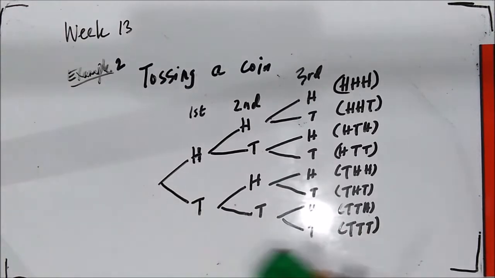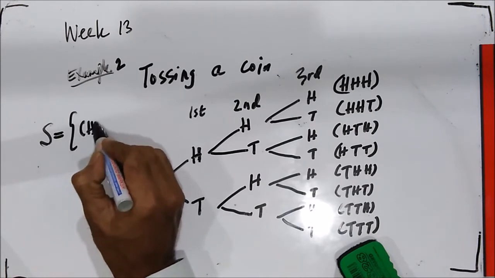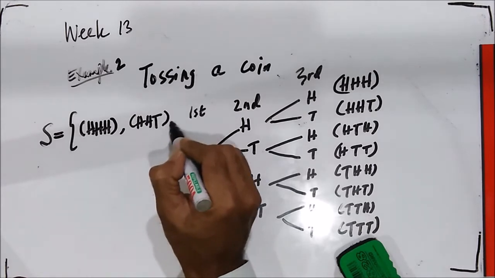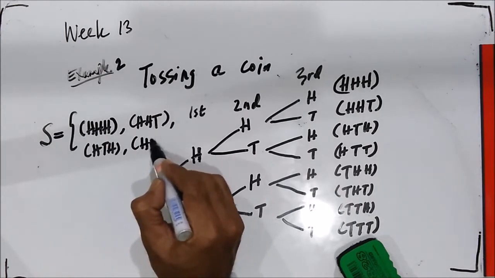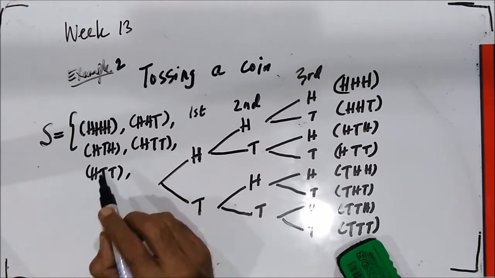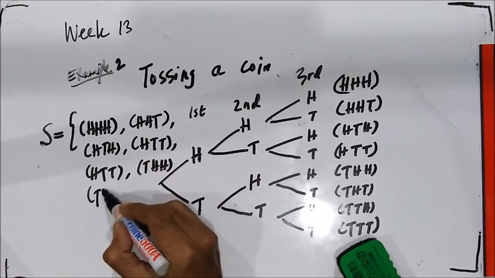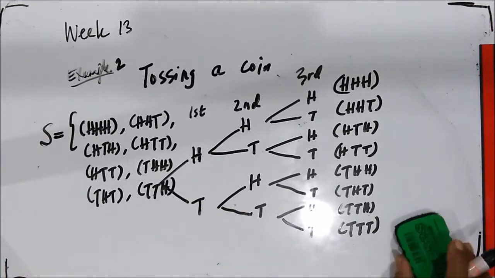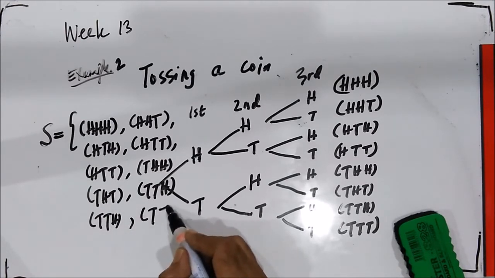So we can put it this way. I can put the sample space here as: head, head, head; head, head, tail; head, tail, head; head, tail, tail; tail, head, head; tail, head, tail; tail, tail, head; and the last one, tail for the first toss, tail for the second toss, and tail for the third toss.